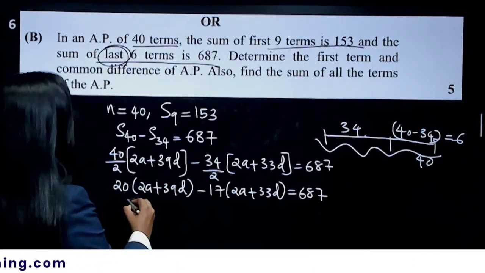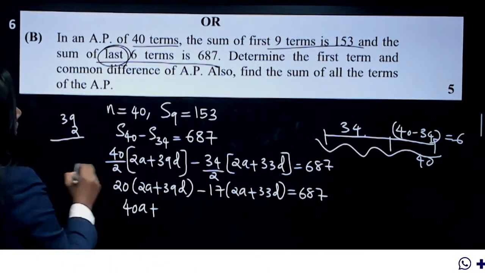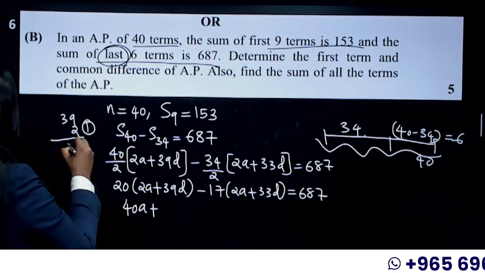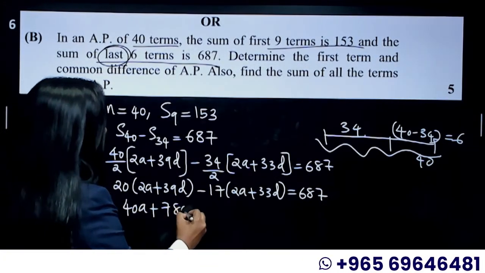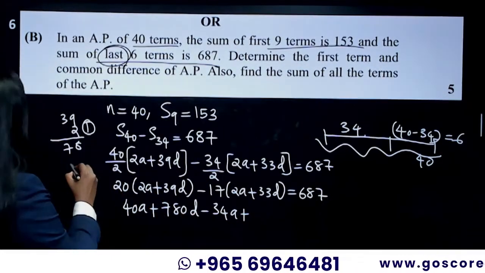So 40A plus 39 into 2, 78, so 780D minus 34A plus 17 into 33.